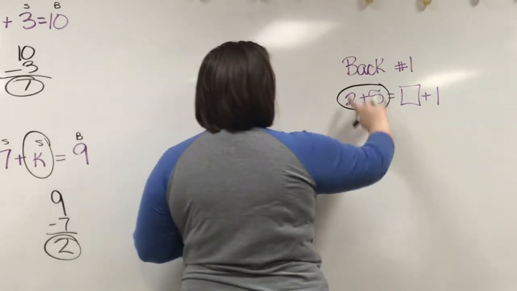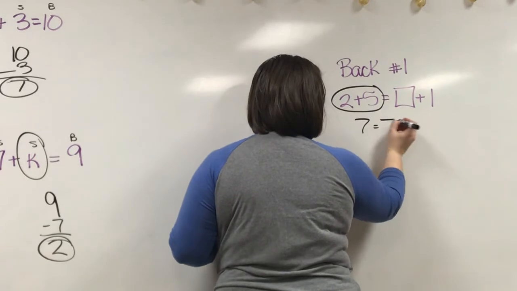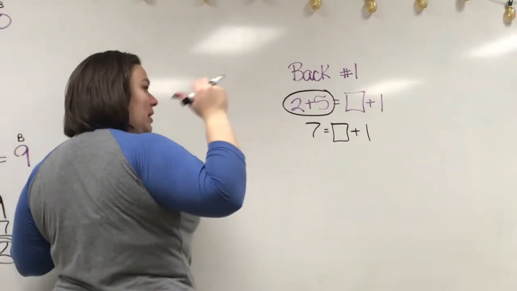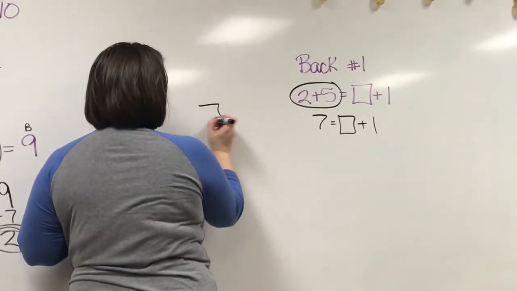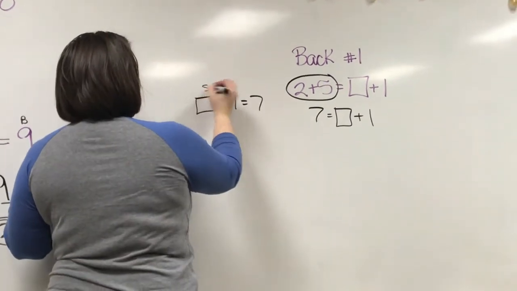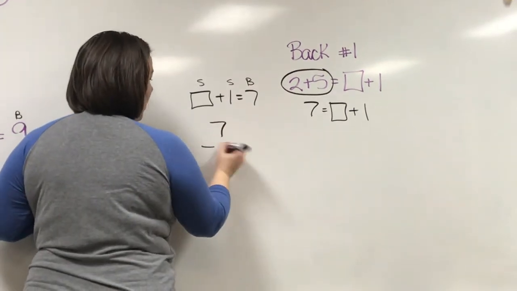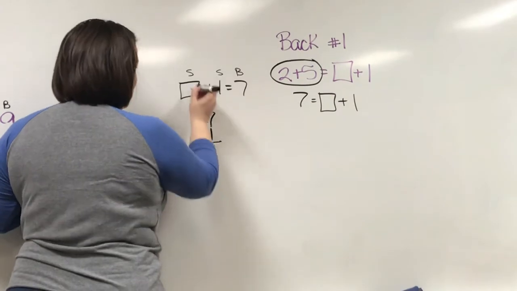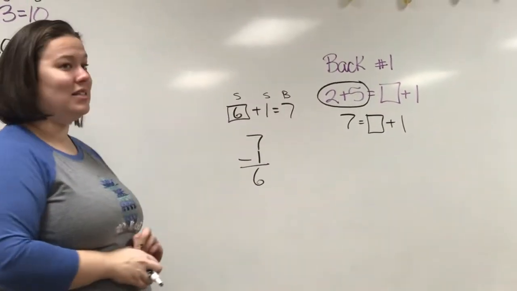And then you got to rewrite your problem. 7 is equal to a box plus 1. And if you remember what I had in that cloud, it says rewrite the problem so it looks normal. So a box plus 1 equals 7. Small number plus a small number equals a big number. 7 minus what is given to you is what's missing. The answer for number 1 on the back is 6.